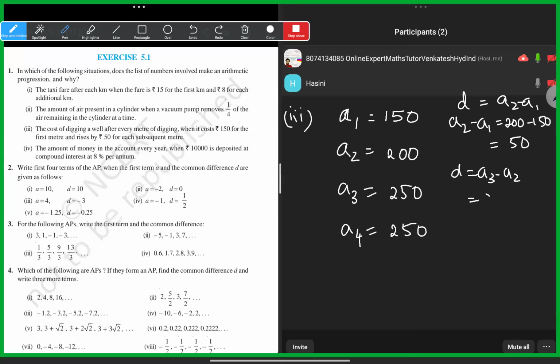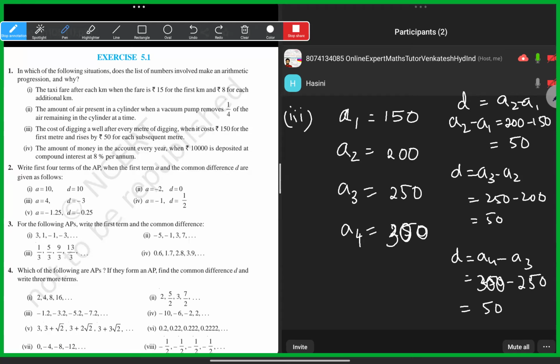A3 minus A2 is 250 minus 200, which is again 50. The next one is A4 minus A3. Here I wrote 250, but this should be 300. So 300 minus 250 is again 50.